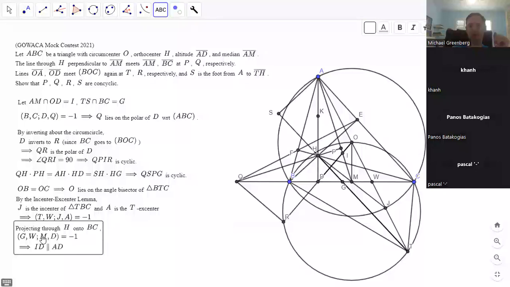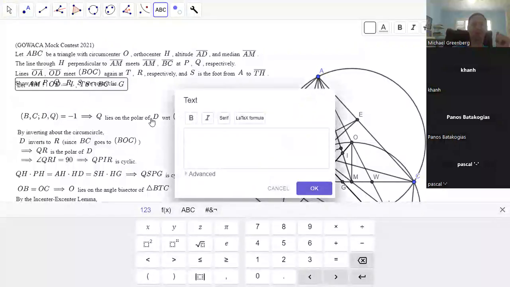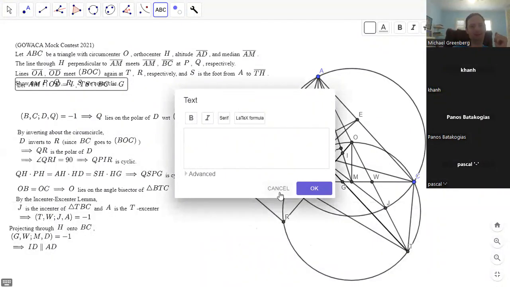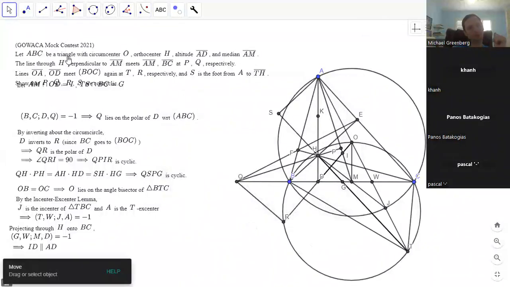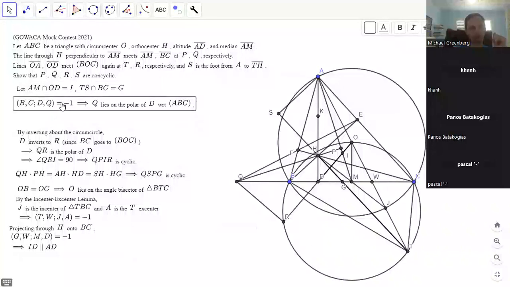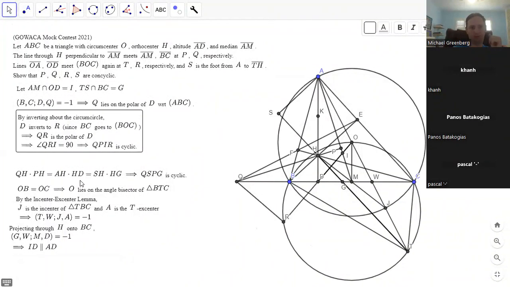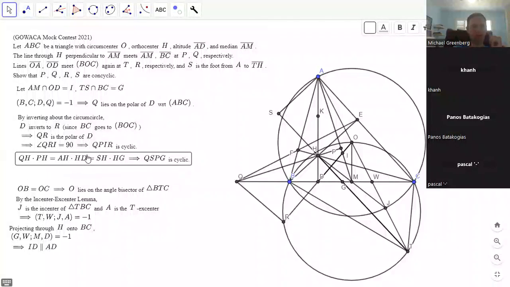So yeah, it took me a while to think about it, but I actually think it's obvious. I think I was just kind of slow about thinking about it, so I'm just going to leave it like that. So once we know that, that means IG is perpendicular to BC.